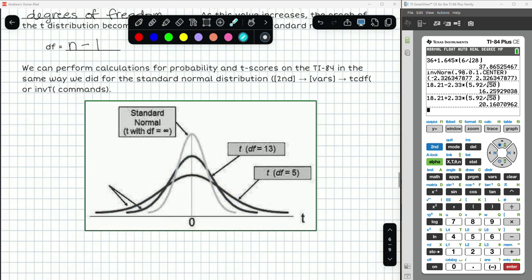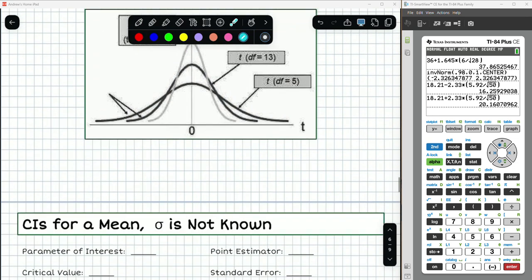It turns out we can perform calculations for the t distribution just like we did for the normal distribution. When we calculated critical values, so z critical values, we used inverse norm. For t critical values, we're going to use inverse t.